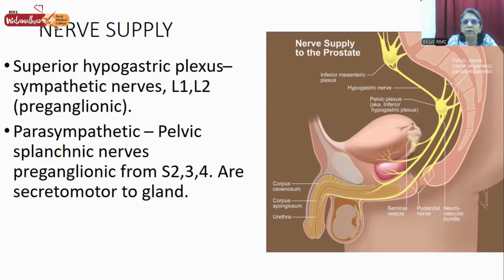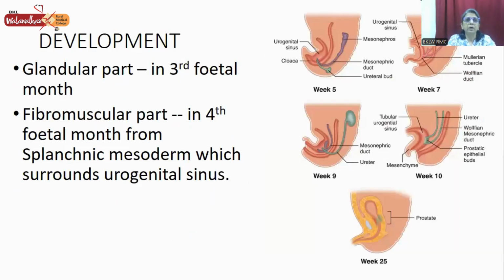The sympathetic fibers are L1, L2, which pass through the hypogastric plexus as preganglionic fibers and then supply the prostate. The parasympathetic are the pelvic splanchnic nerves, the fibers coming from S2, S3, S4. Parasympathetic are secretomotor to the gland, so the secretion increases when stimulated.